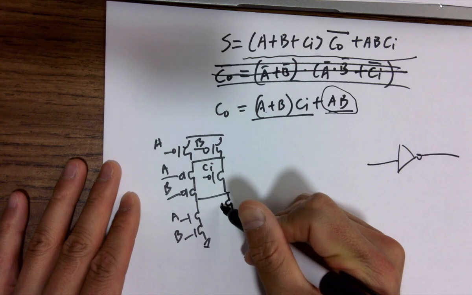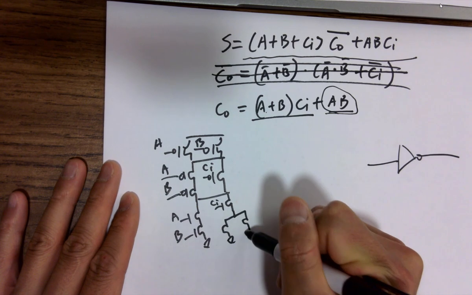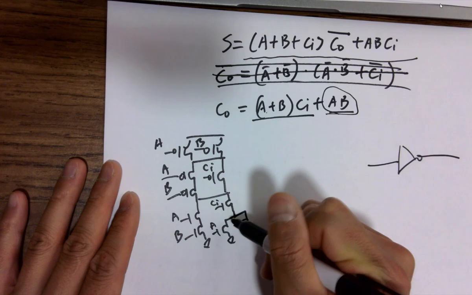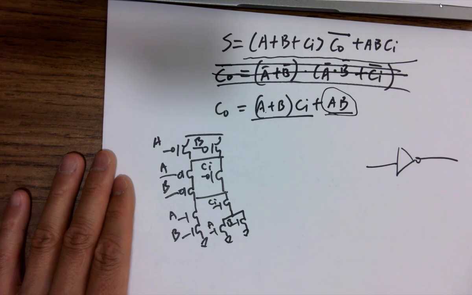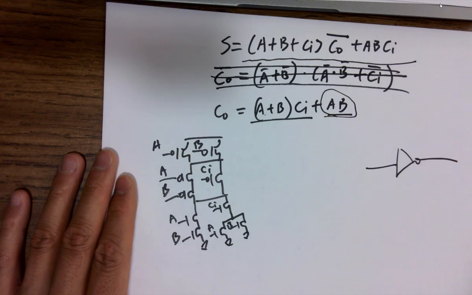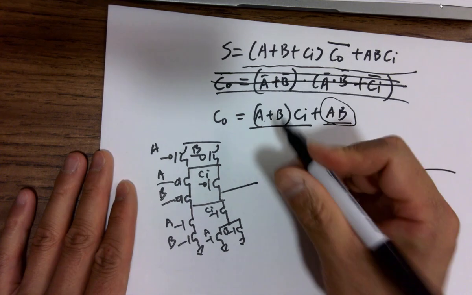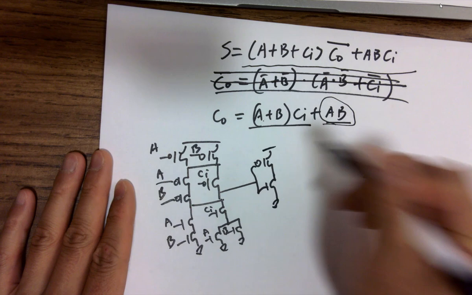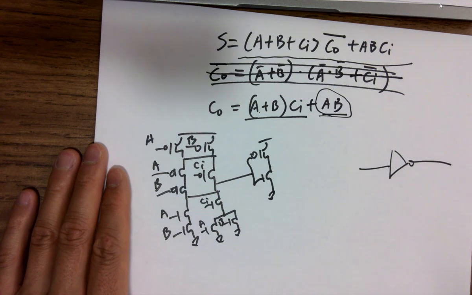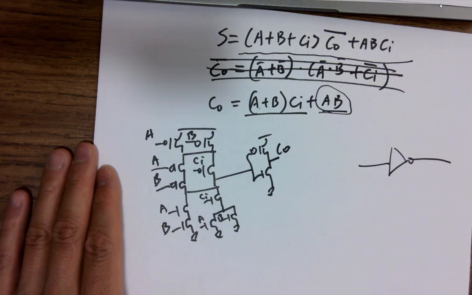And here's a CI. And AB. Definitely you need an inverter here. So that's C out, right?